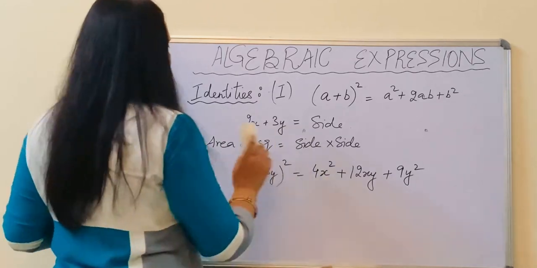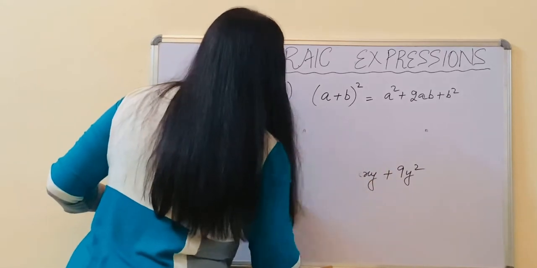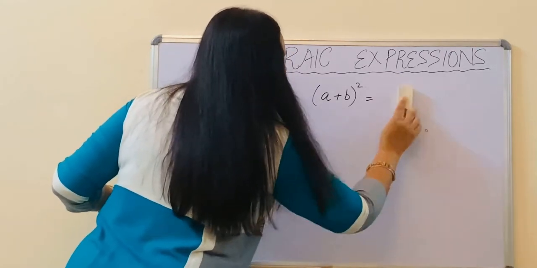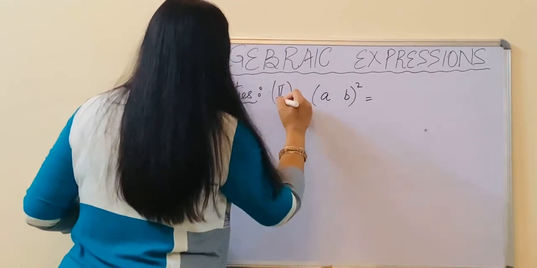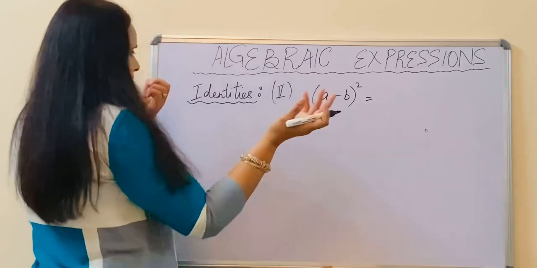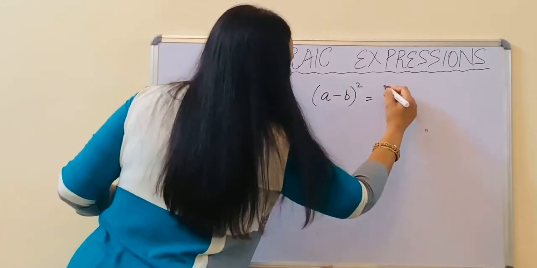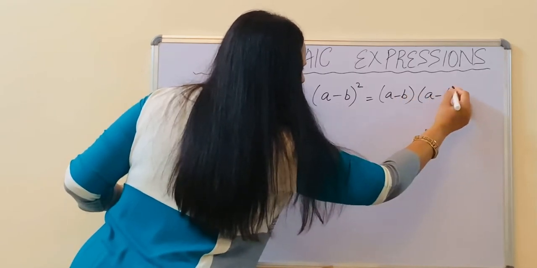Now the next identity is identity second, when a minus b, a minus b, I am changing it over here, this is just to save the time, a minus b whole square. This means a minus b into a minus b.